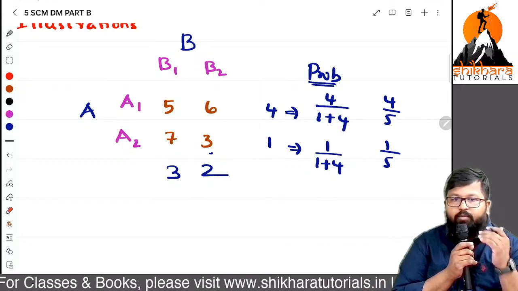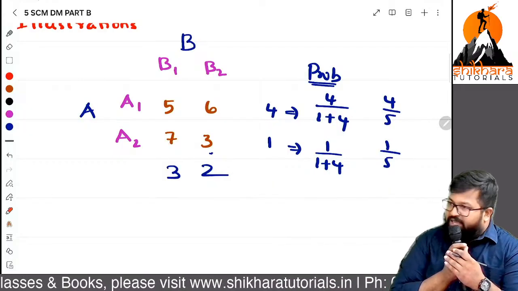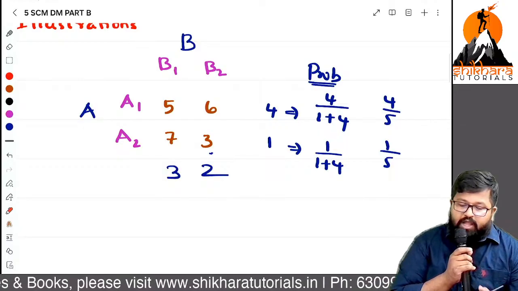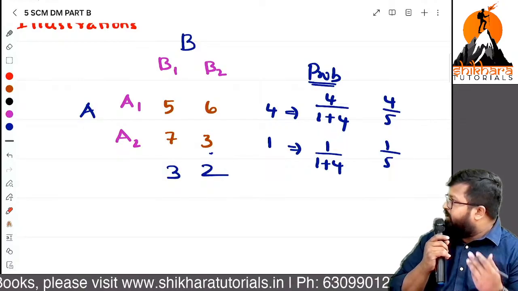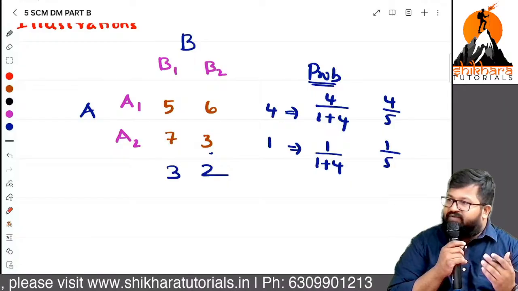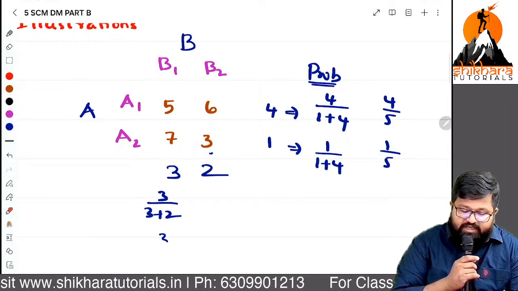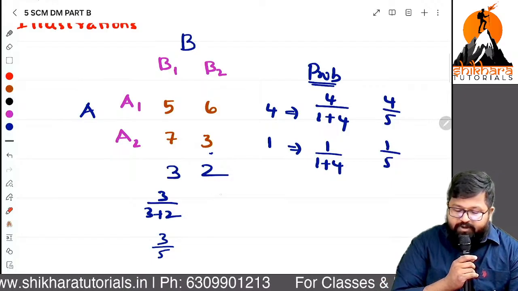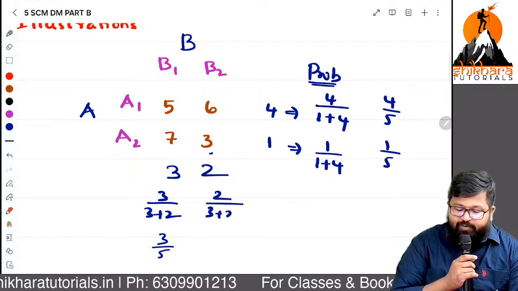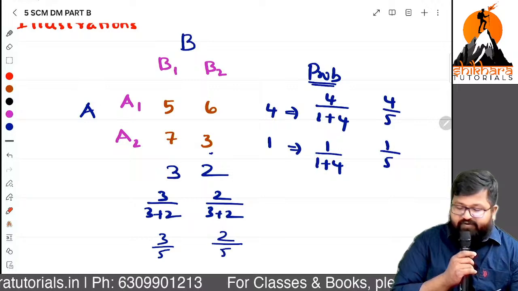These are the probabilities for rows A1 and A2. And the probabilities for columns B1 and B2? 3 by 3 plus 2, that is 3 by 5. And the next one? 2 by 3 plus 2, that is 2 by 5.